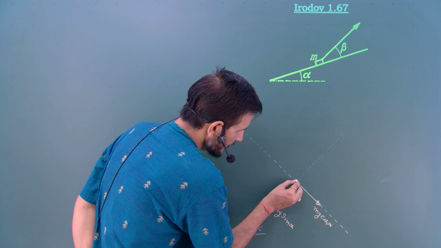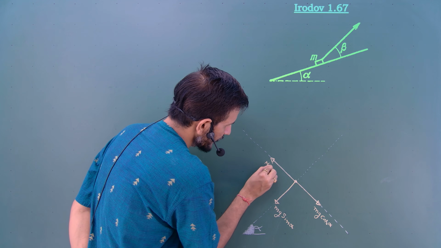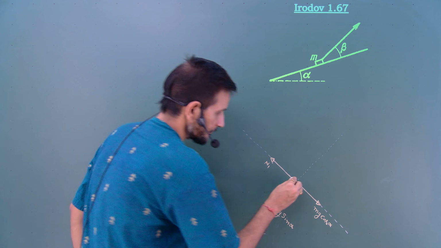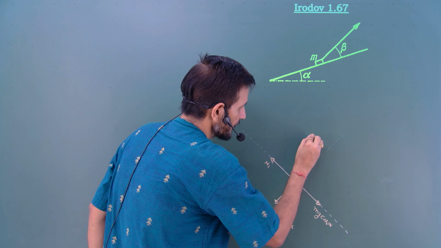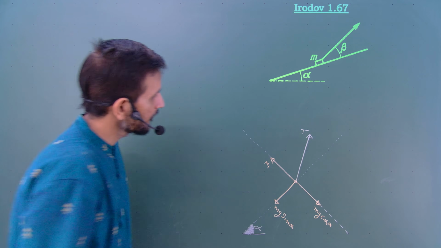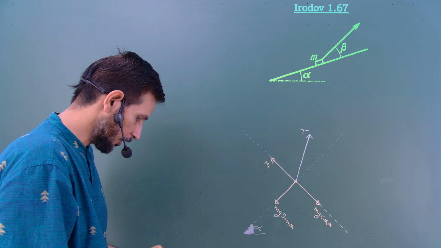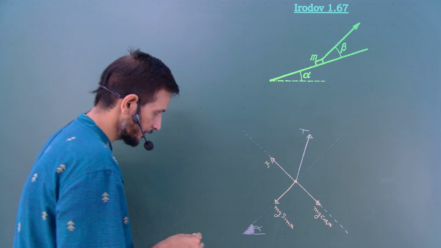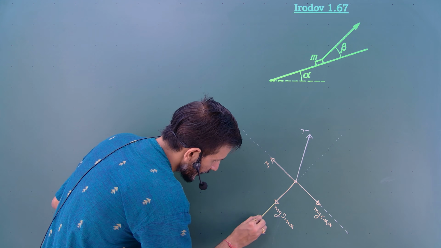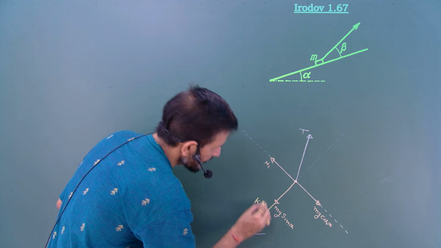Now normal will act perpendicular to the plane in this direction and its value is N1. The tension in thread should be in this direction, and let the value of tension be T. Now when this block moves up the plane, the friction force will act down the plane. And what is the friction force? K into N1.